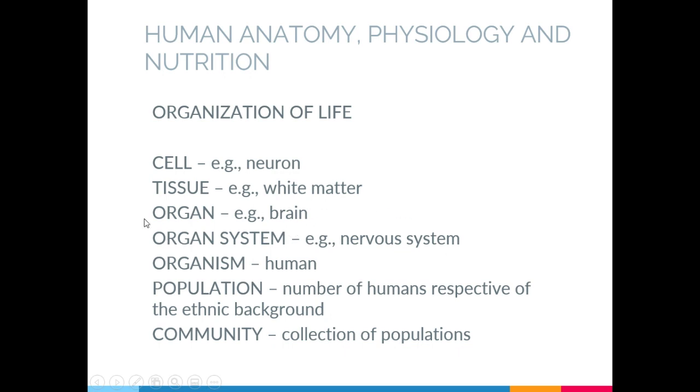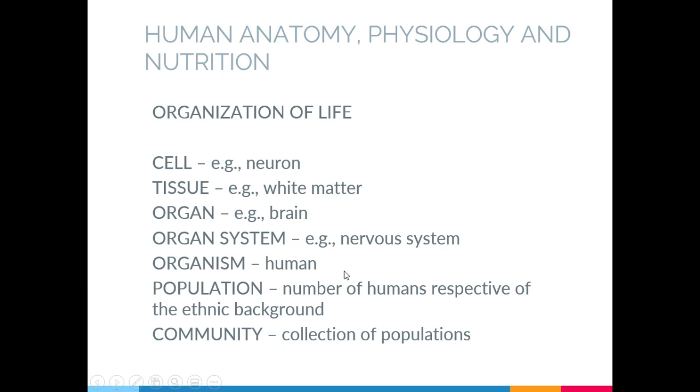When organs combine together, they can form an organ system. An example is nervous system. Nervous system is comprised man of three organs: the brain, the spinal cord, and then the nerve tissues. Several organ systems would operate as one organism or one human being.